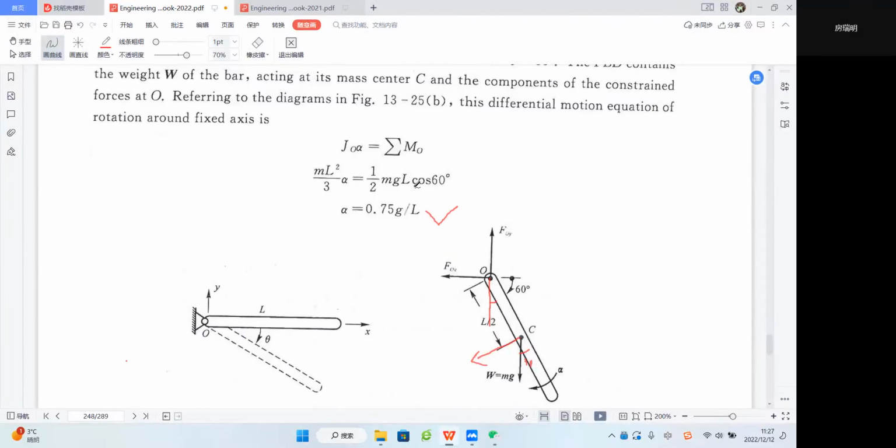Sine 30 also equals cosine 60, right? That's why.